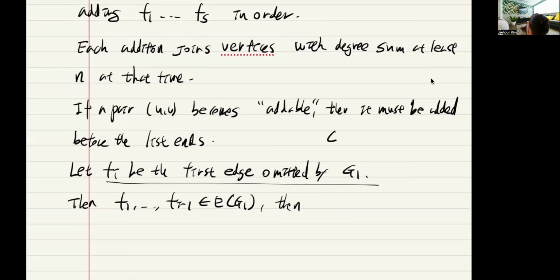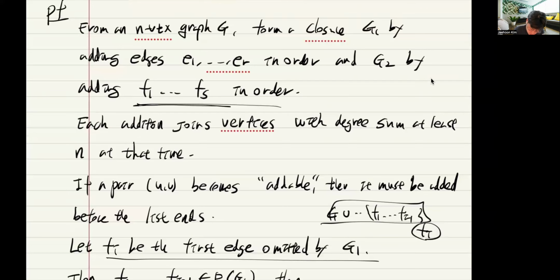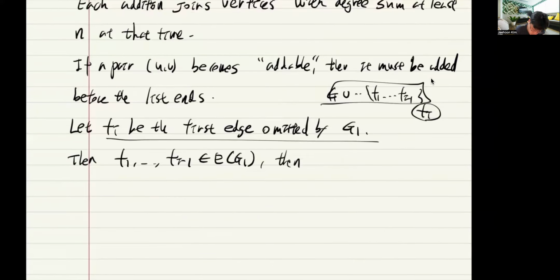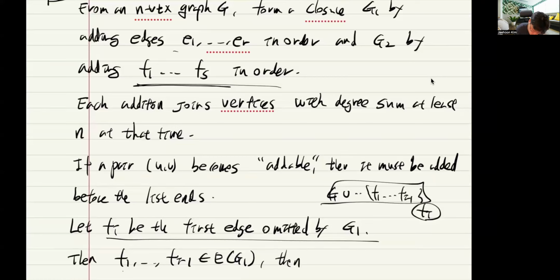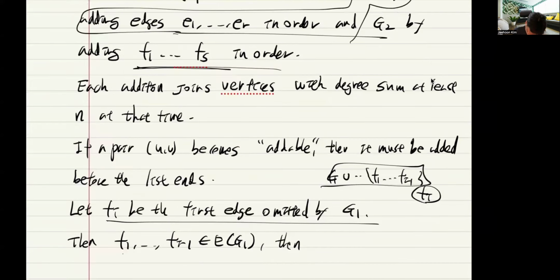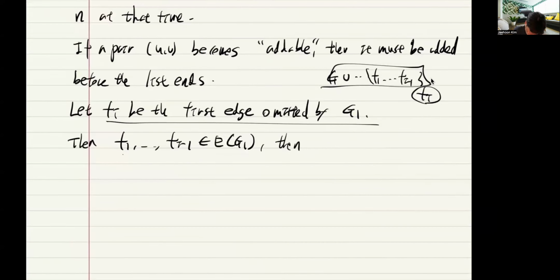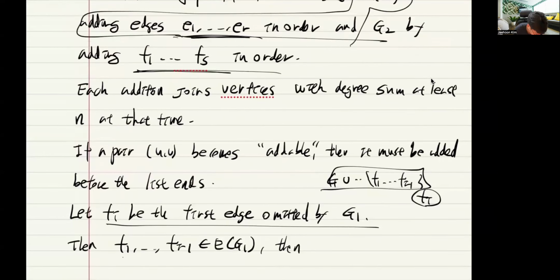In G union F1 to Fi minus 1, Fi becomes addable, because that's what we did. But when we take G1, you have already added all edges F1 to Fi minus 1.